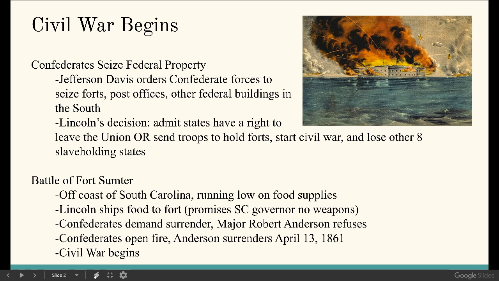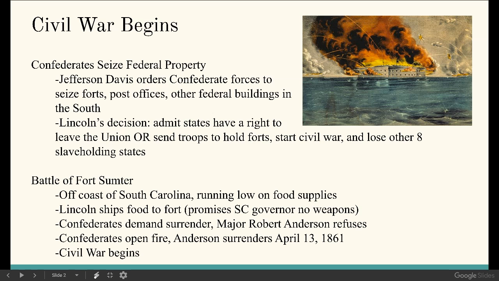They felt that an abolitionist had been elected to the presidency, and so this is when a lot of the southern states started to secede from the Union, and they formed the Confederate States of America with Jefferson Davis as their president. And so Jefferson Davis ordered the Confederate forces that were assembled to start seizing federal property, forts, post offices, and other federal buildings that were in the South.